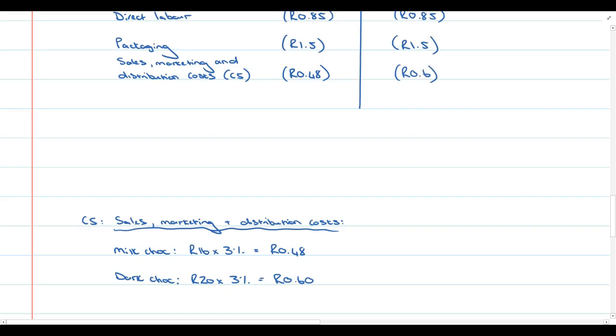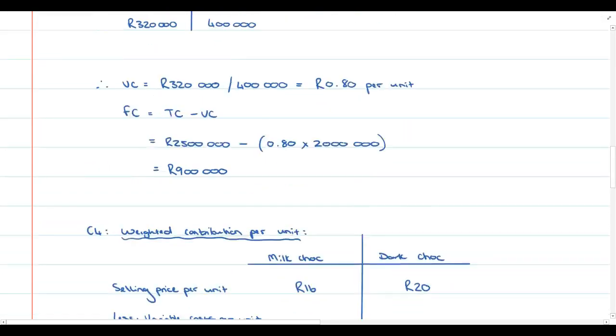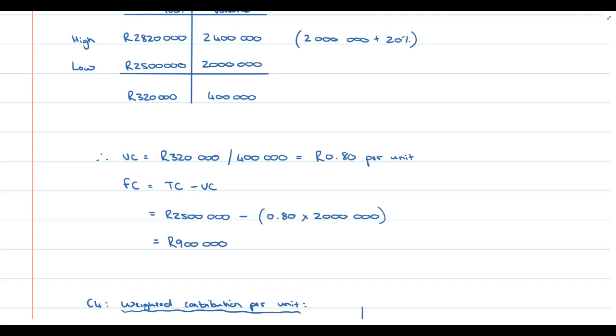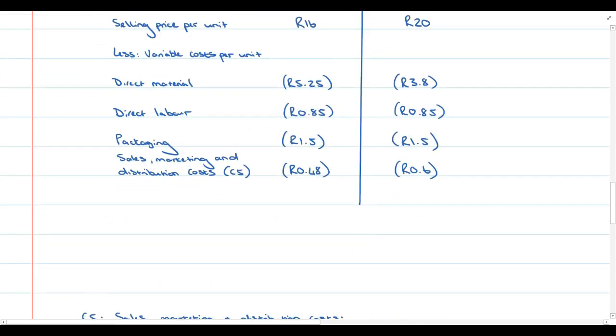Right, then lastly we have the variable portion of the admin cost that we calculated above, which is 80 cents per unit. All right, and you can then calculate the contribution per unit for each of these products.